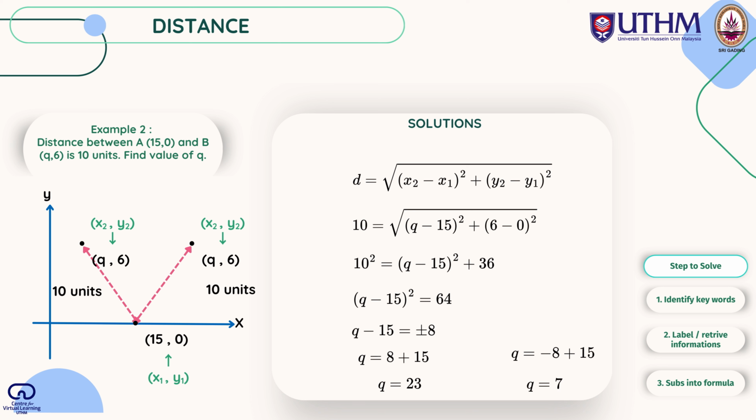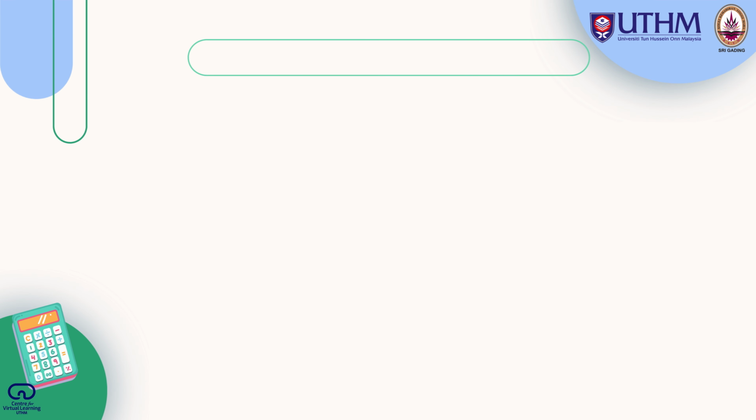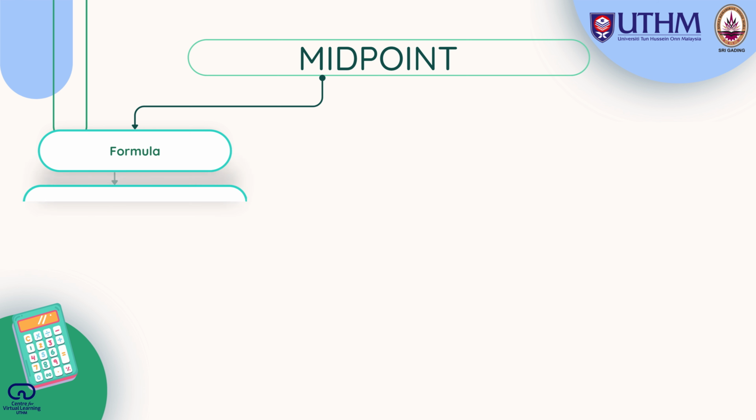Next, let's learn about the midpoint. Again, we divide it into 3 parts. First, the formula of midpoint. M equals ((x1 plus x2) over 2, (y1 plus y2) over 2).